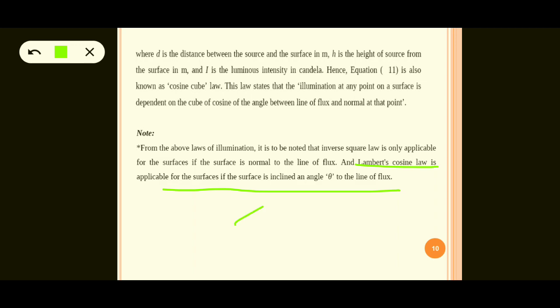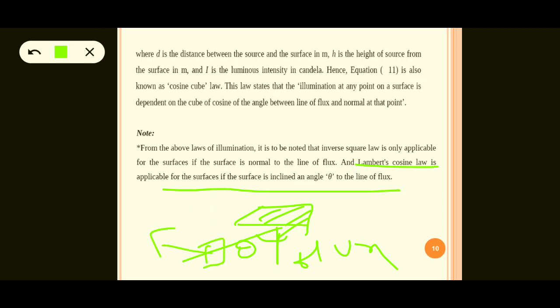So here, this is the surface, this is theta. This line shows the line of flux. This shows the normal to the surface.